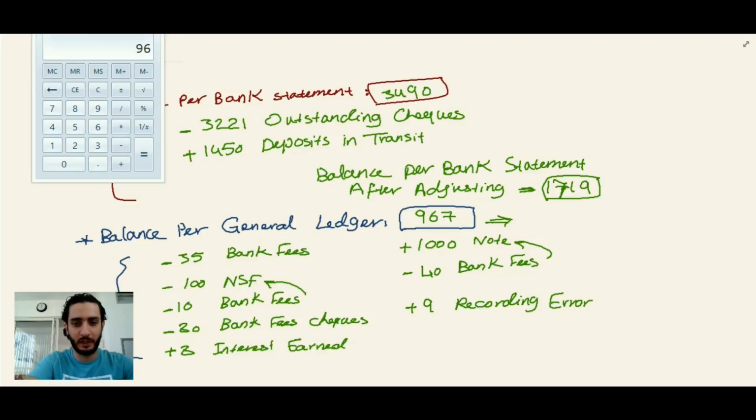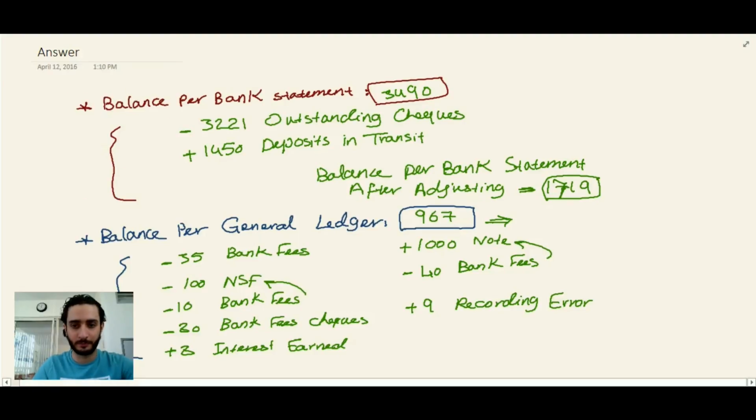So we start with 967, deducting 35, deducting 100, deducting 10, deducting 80, plus $8, plus 1000, minus 40, plus 9, it will be 1719.